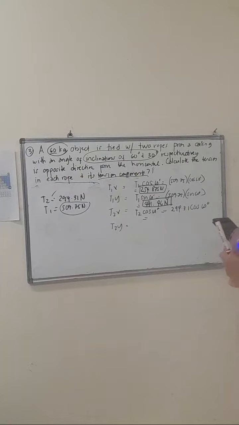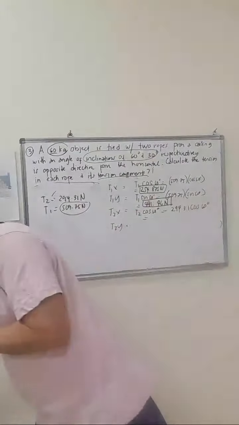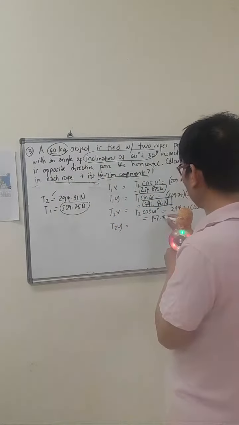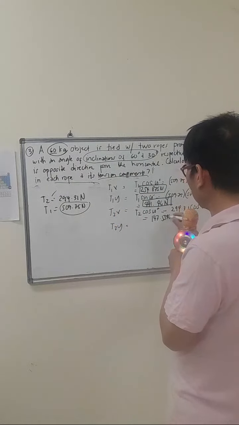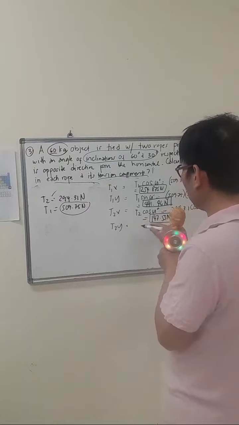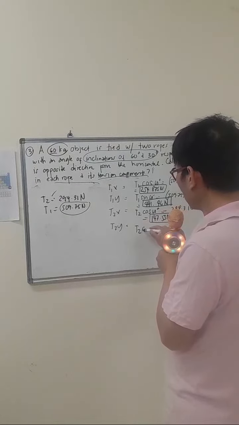So it's gonna be 147.155 Newton. Okay, your T2y will be T2 sine.